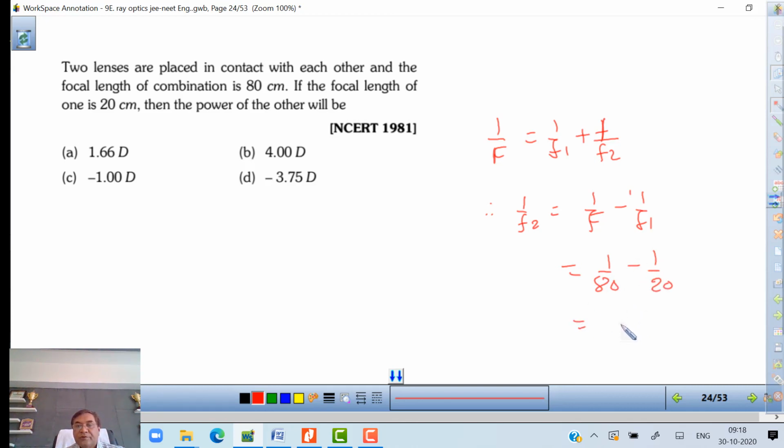So this is nothing but 1 minus 4 upon 80, so it is minus 3 by 80 per centimeter, times 10 to the minus 2.